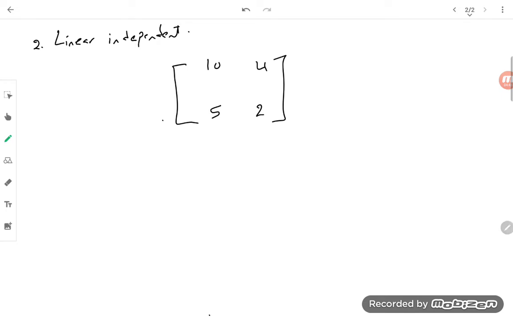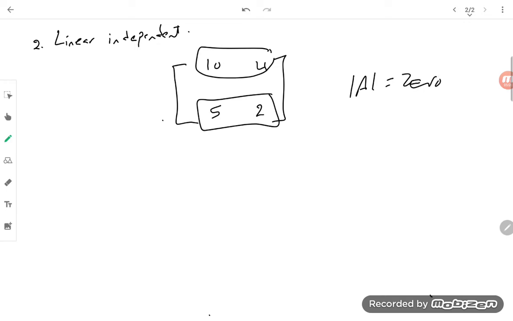For example, in this case, the two rows are not linearly independent, as one of them is the other multiplied by 2. So this row is this row multiplied by 2. If you get the determinant of this matrix, it will be 0, so we cannot find the inverse in this case. So the rows should be linearly independent.